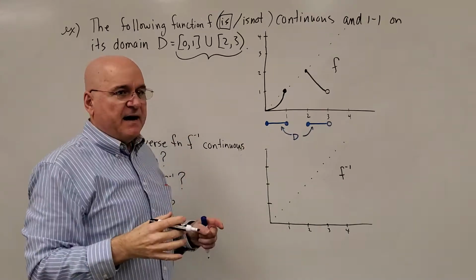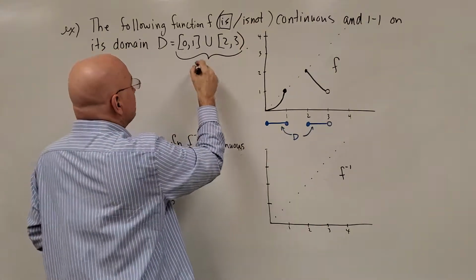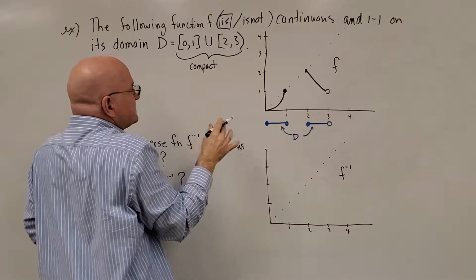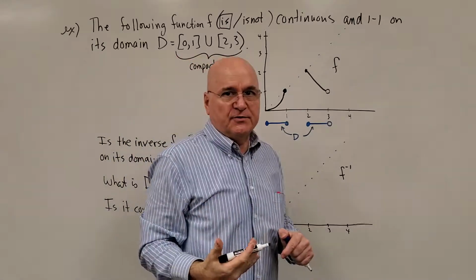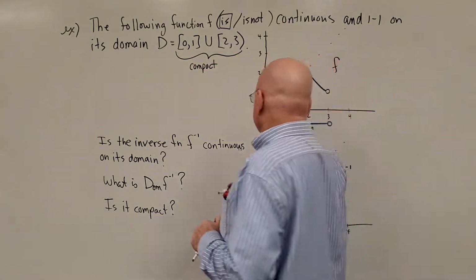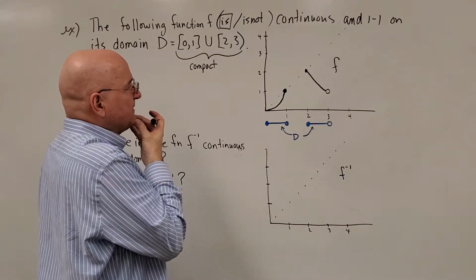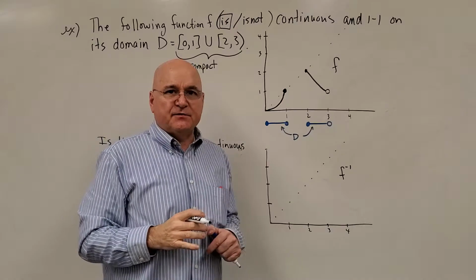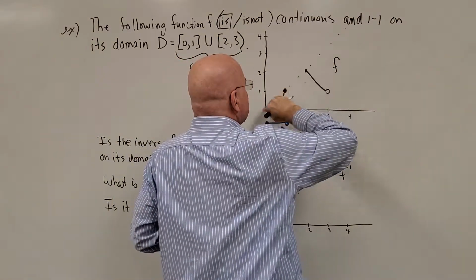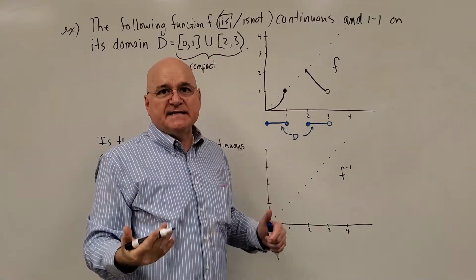Now, what do we know about this domain? It is clearly bounded, but it's not compact. It's not closed, so it's not compact. So our previous theorem is not going to say much about the inverse being continuous or not. Well, let's take a look at the inverse. I didn't graph it yet because I wanted to remind you a nice, easy way to graph inverse functions. Notice that I sketched with dots the line f of x equals x, the identity function.